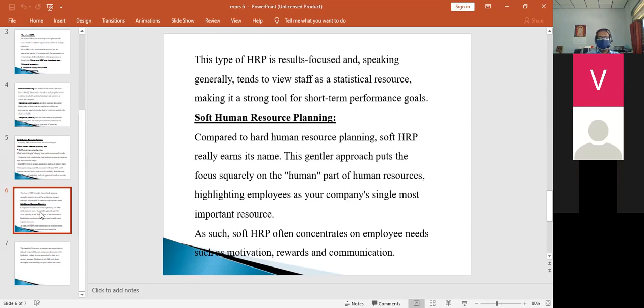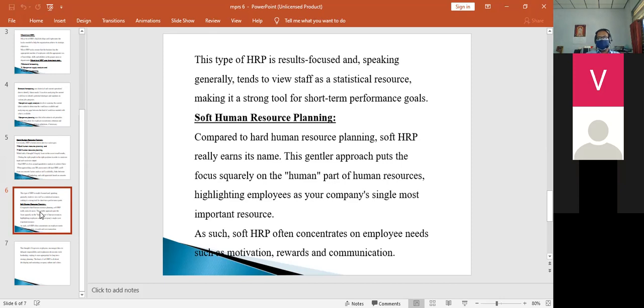If you have advanced machinery but no skillful person to operate that machinery, you can't make your operations go right. So human resources play an important role. Here, human resources play an important role, being the backbone of every organization. So here, the importance of human resources is being highlighted.